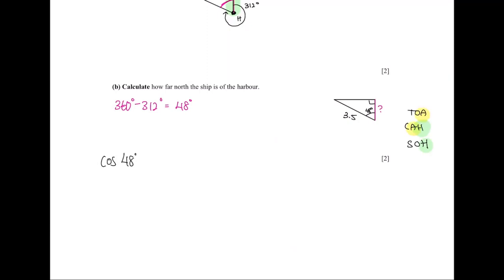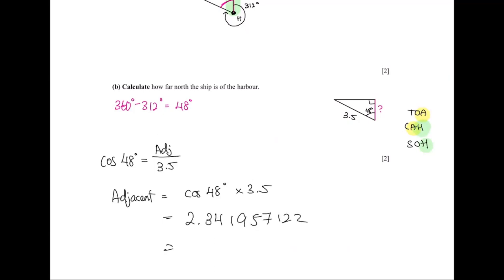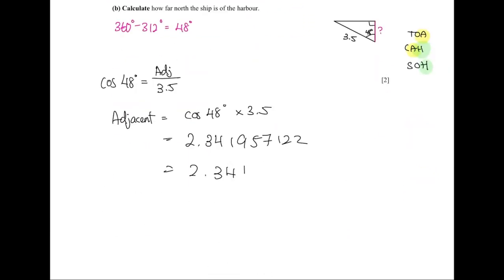Cosine 48 equals adjacent over hypotenuse. Then you should be able to get your answer in kilometers. And that's it.